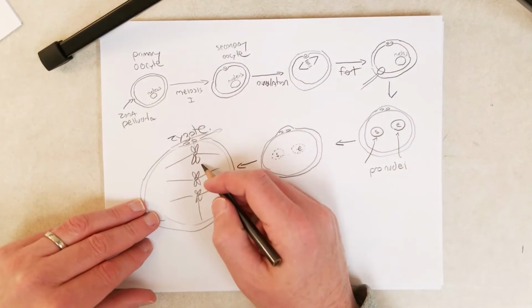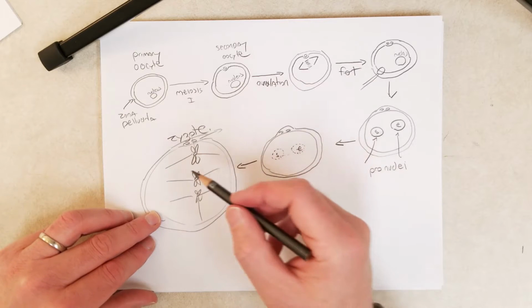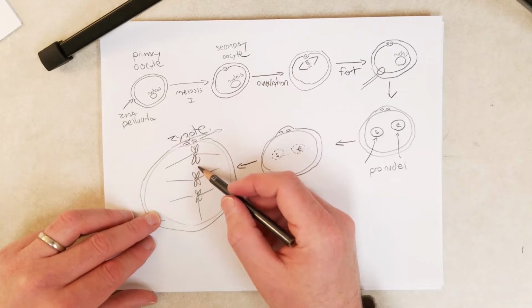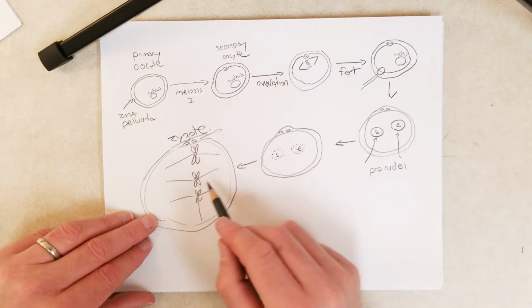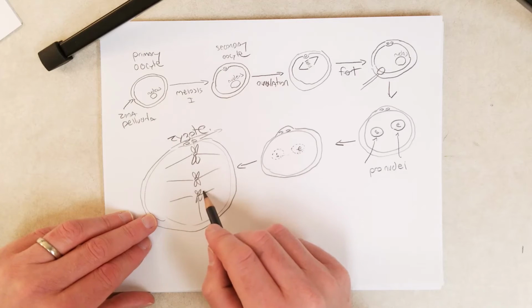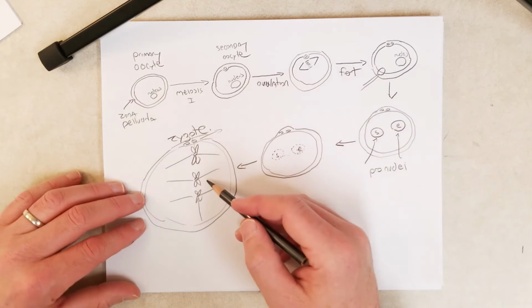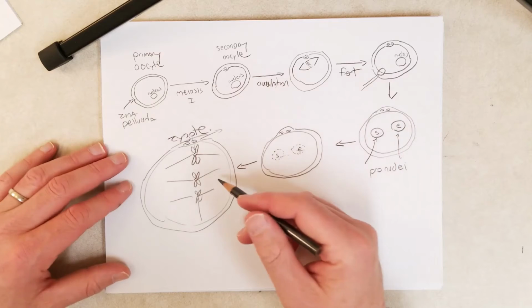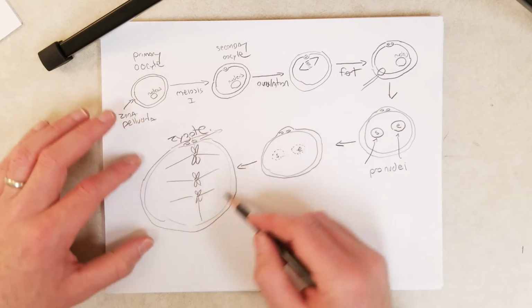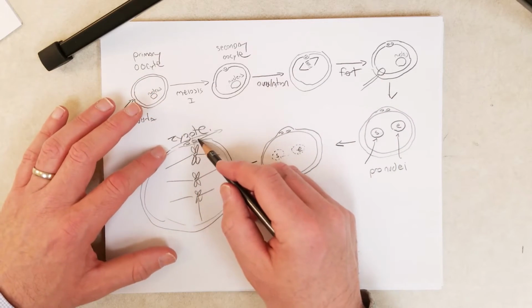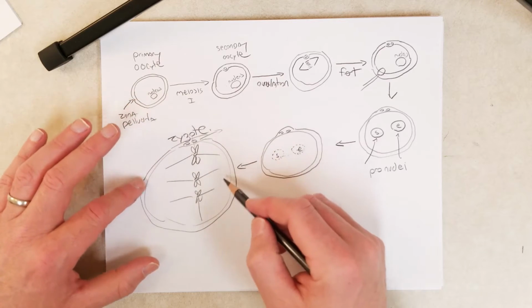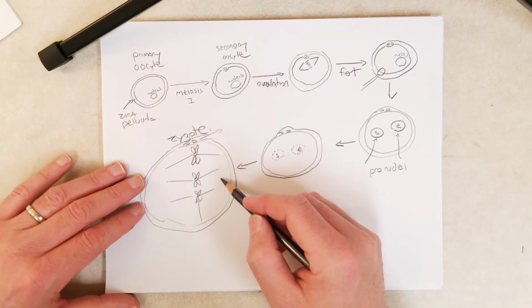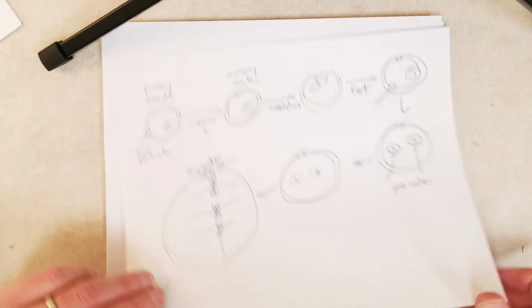Now, once the zygote is formed, it undergoes a process called cleavage, and that's where you have many cell division cycles without the cells enlarging, without the cytoplasm growing. So essentially, the volume occupied by this zygote right here doesn't change with each cleavage.